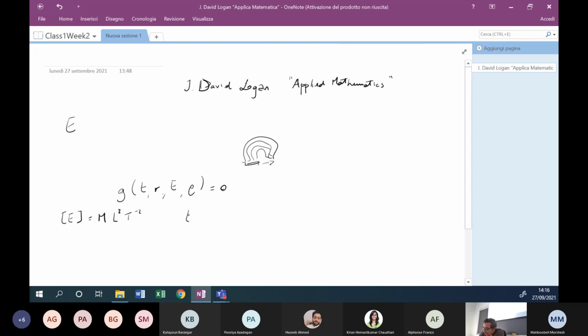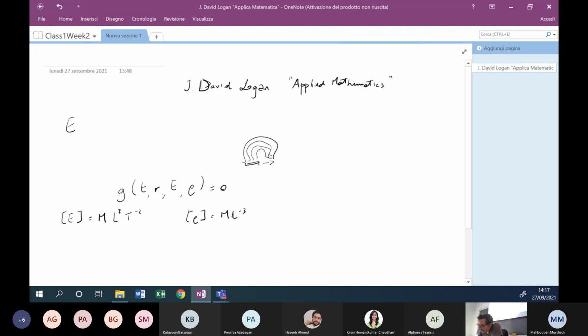Then what I have is the dimension of the density. Minus 2? Minus 3. It's a mass over a volume.